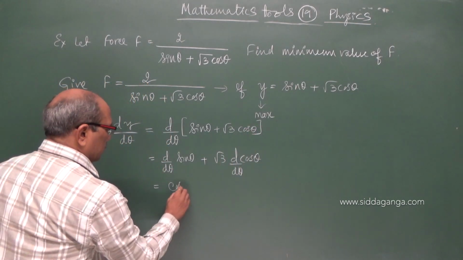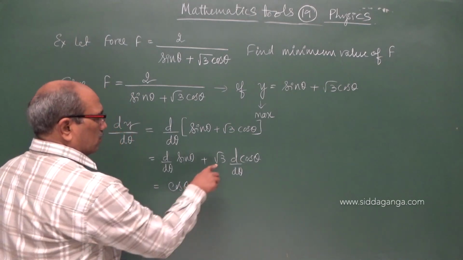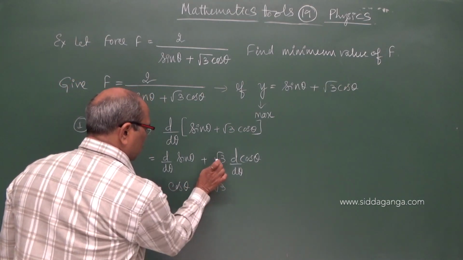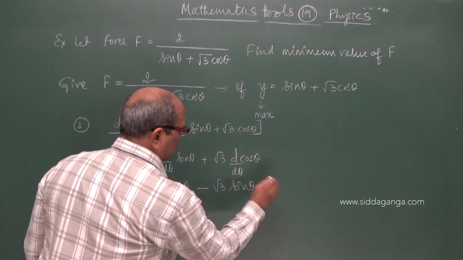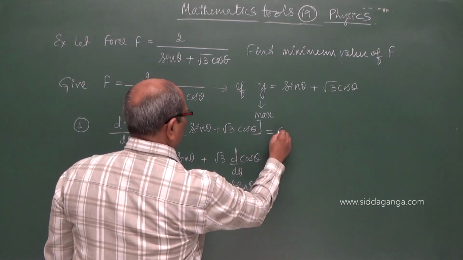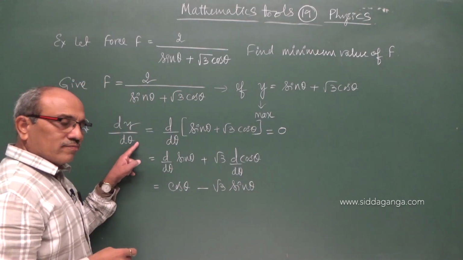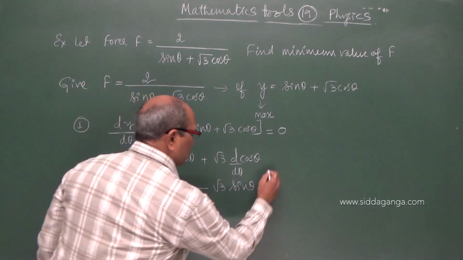Differentiation of sin theta is cos theta, plus root 3 into minus sin theta, since the derivative of cos theta is minus sin theta, and this should go to 0 as per the condition. That means this should become 0.